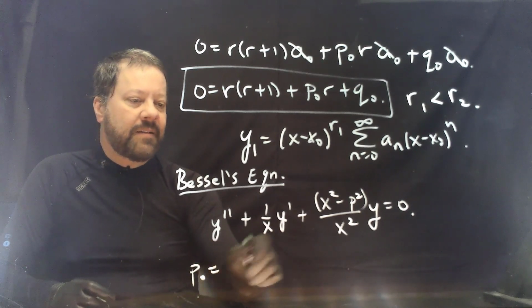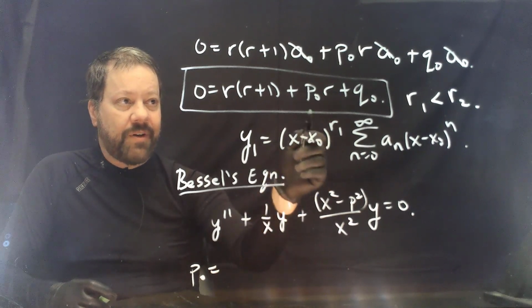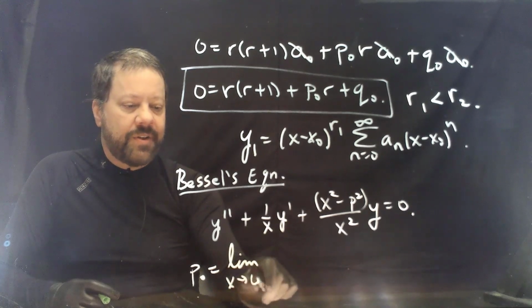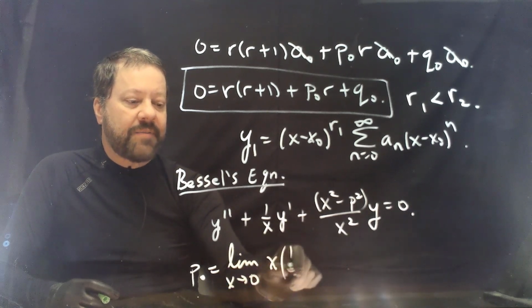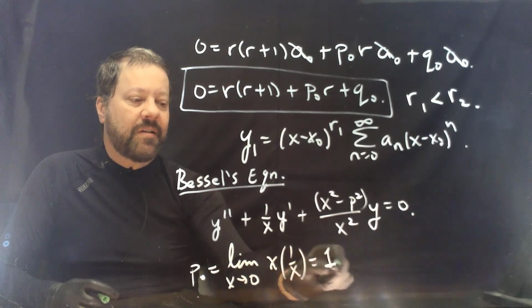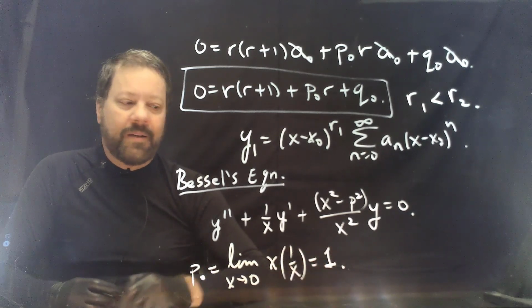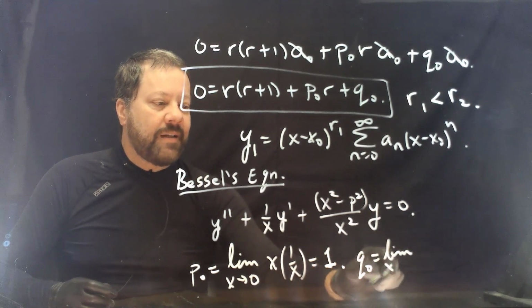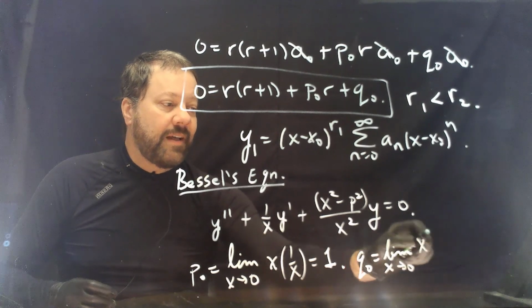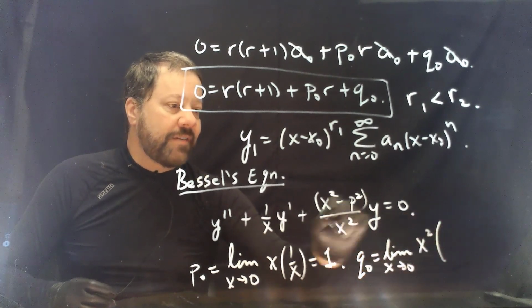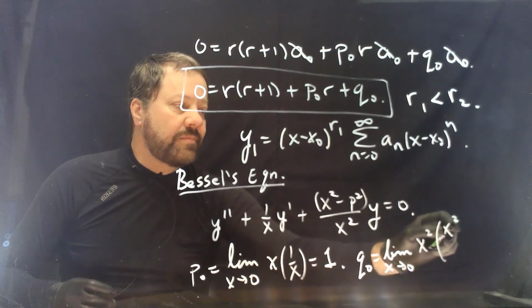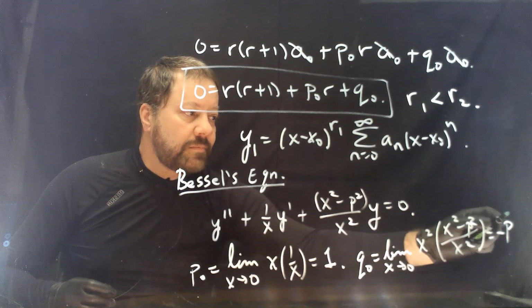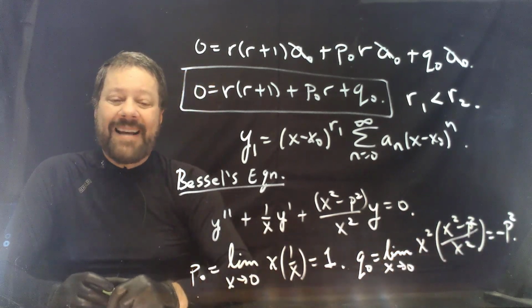P naught, since we have x naught equal to 0, it'll be the limit as x goes to 0 of x times 1 over x, yielding a value of 1. Q naught is the limit as x goes to 0 of x squared times our function q, yielding minus p squared.